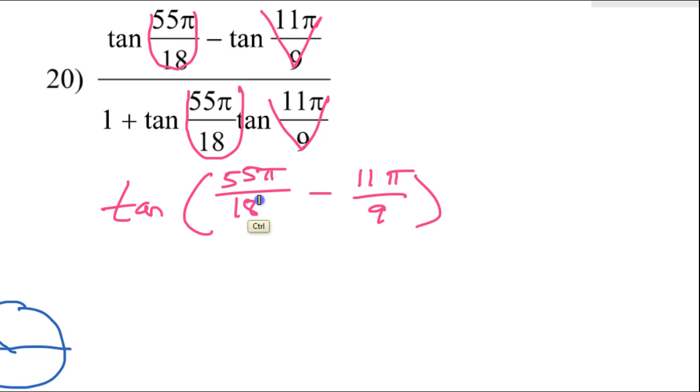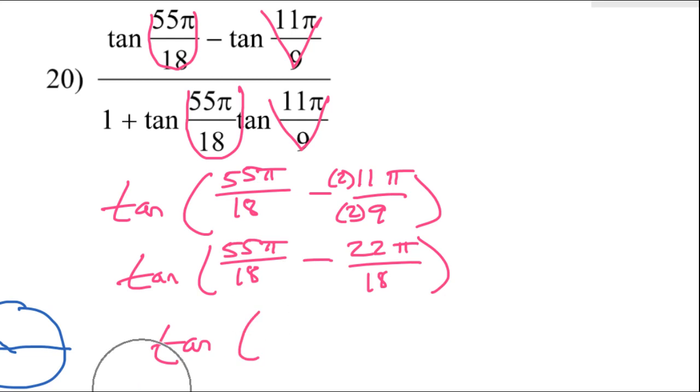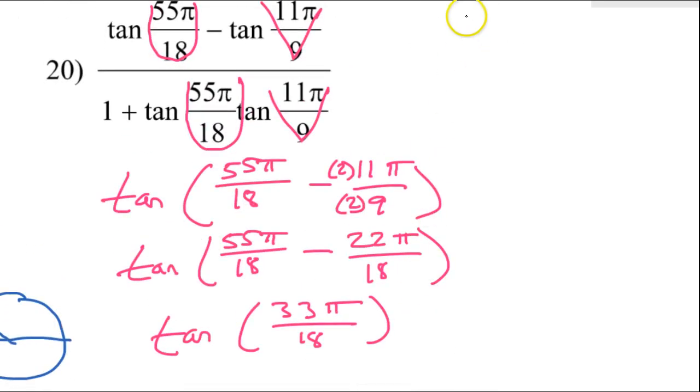Anywho, I need like denominators. If I multiply this by 2, that's going to give me tangent of 55 pi over 18 minus 22 pi over 18. So that's going to be 33 pi over 18. Both of these are divisible by 3.